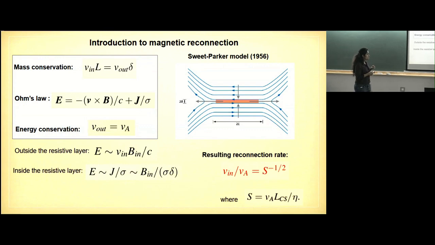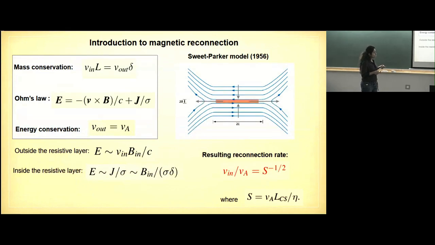From mass conservation, the velocity of the flow going into the current sheet times the length of the current sheet is equal to the outflowing velocity times the width of the current sheet. Then there is Ohm's law, and from energy conservation considerations, we get that the outflowing velocity is equal to the Alfvén velocity, where the Alfvén velocity is proportional to the incoming magnetic field.